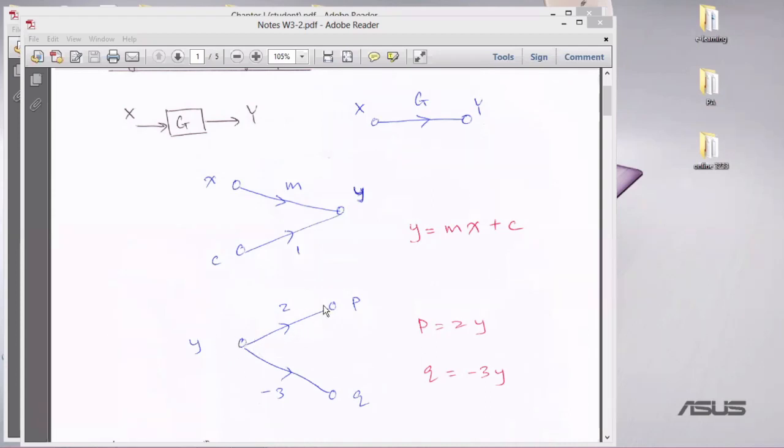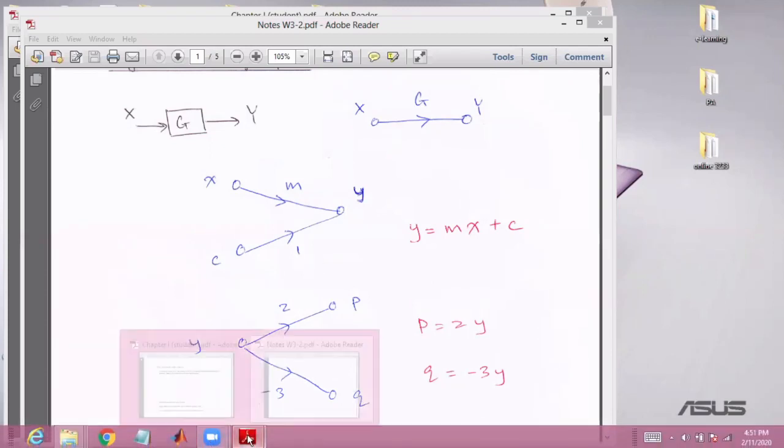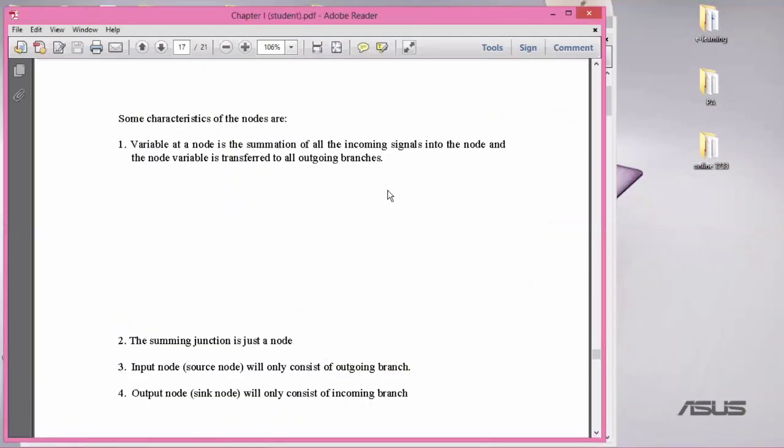Not half of the signal going to P and the other half going to Q. The full signal goes to P and the full signal goes to Q. So P is equal to 2 multiplied by Y, and Q is equal to -3 multiplied by Y. You don't split the signal. That is what we mean by the node variable being transferred to all outgoing branches.